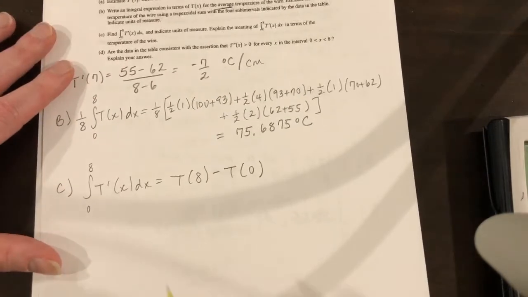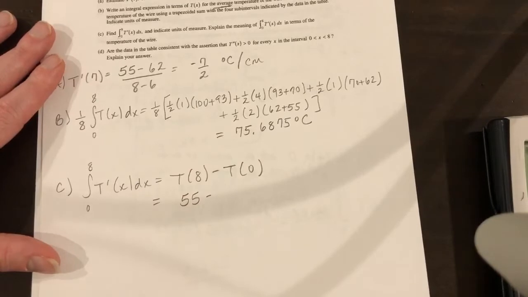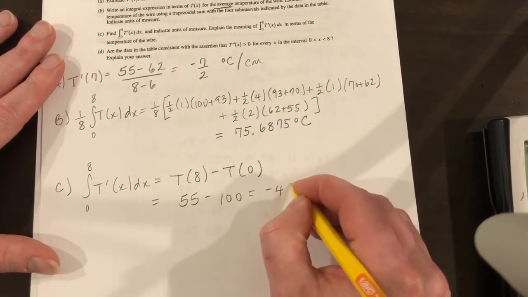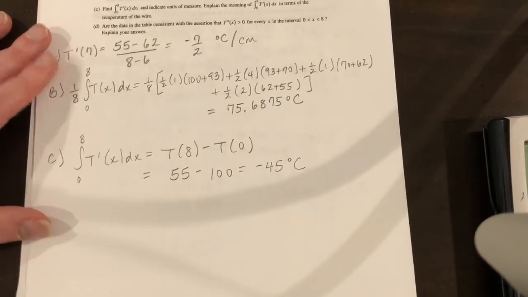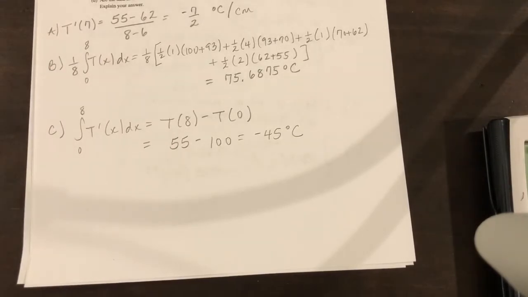T of 8 is equal to 55, and T of 0 is equal to 100. So what this means is that the temperature changes 45 degrees over 8 centimeters of wire.